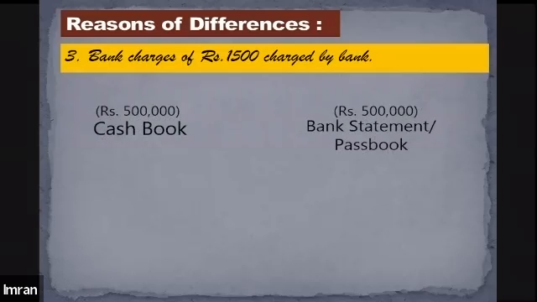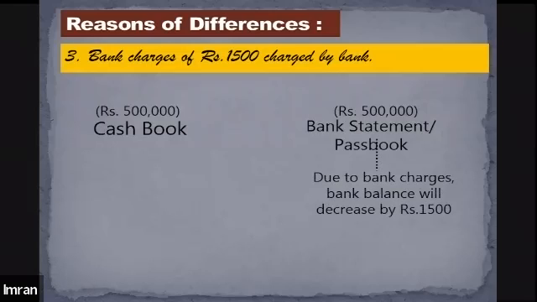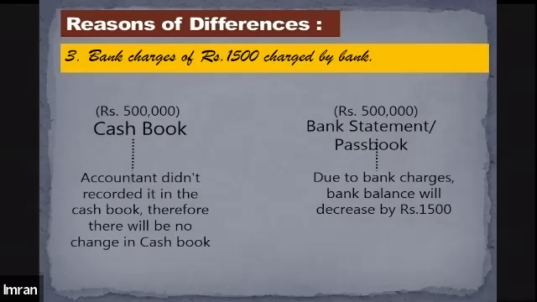Let's suppose the opening balance as per cash book was 5 lakh and the bank statement or passbook balance was 5 lakh. But as soon as this bank charge has been deducted by the bank, this transaction has been duly recorded in the passbook, right? Due to the bank charges, bank balance will decrease by 1,500. On the other hand, the accountant did not record it in the cash book, therefore there will be no change in the cash book.